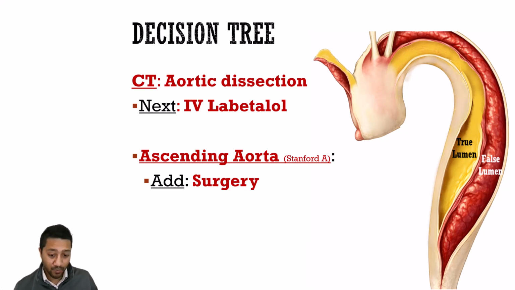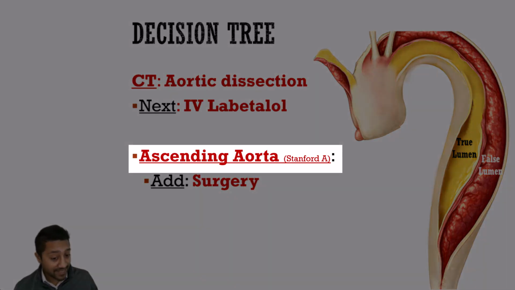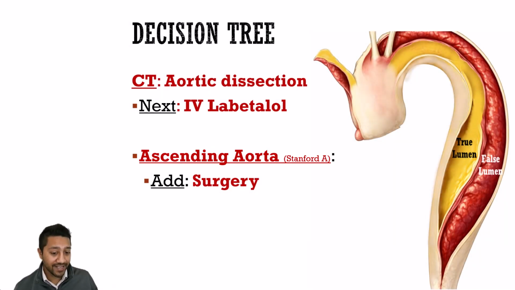So you don't need to worry too much about those different criteria. Instead, I would just remember that when you're dealing with a type A for ascending involvement, then you need those patients to also get surgical intervention.